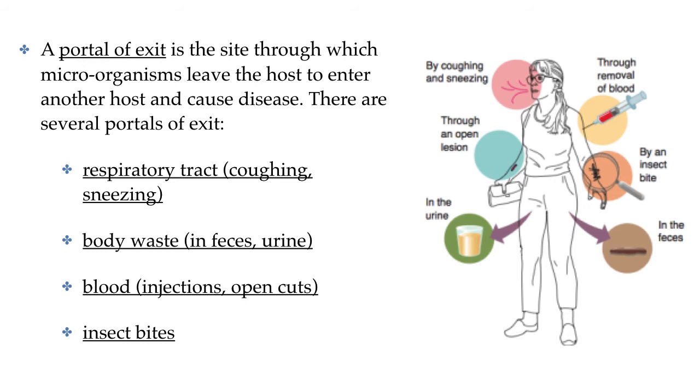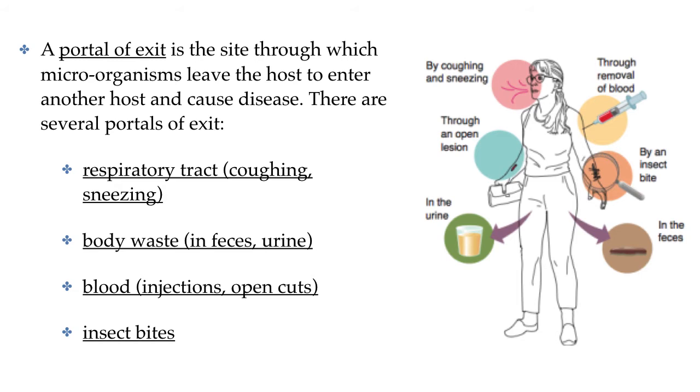So similarly to portals of entry, we have portals of exit. And so a portal of entry is how a healthy person can get sick. A portal of exit is basically the site through which a pathogen can exit a sick person so that it can then go on to infect a healthy person. So let's say this woman here in this picture is diseased, so she herself has a lot of diseases, and so she can now transmit those diseases to others by, say, for example, through her respiratory tract, by coughing and sneezing, in her body waste, in her feces and in her urine, through her blood.